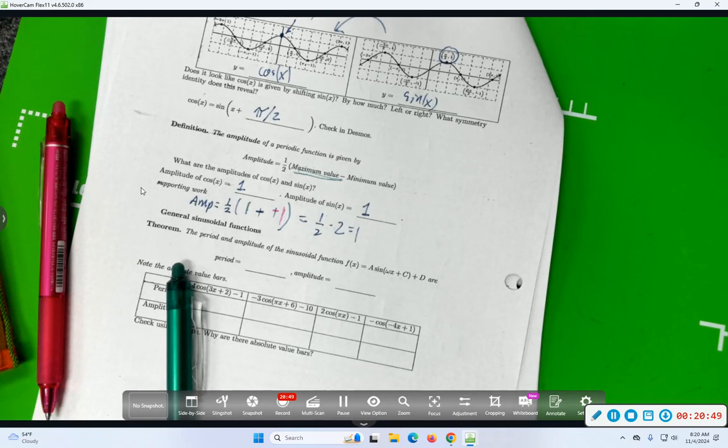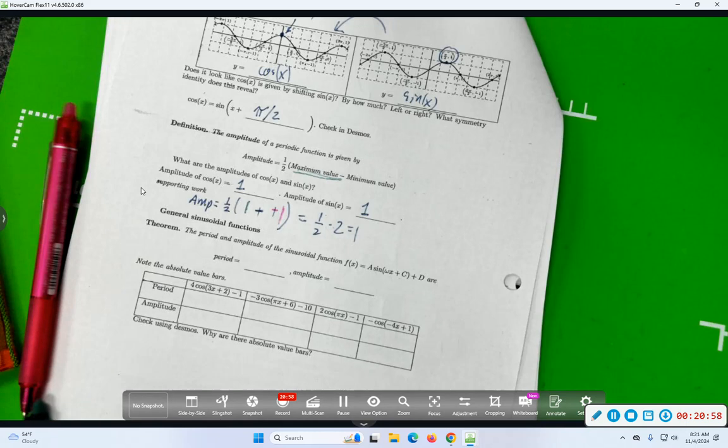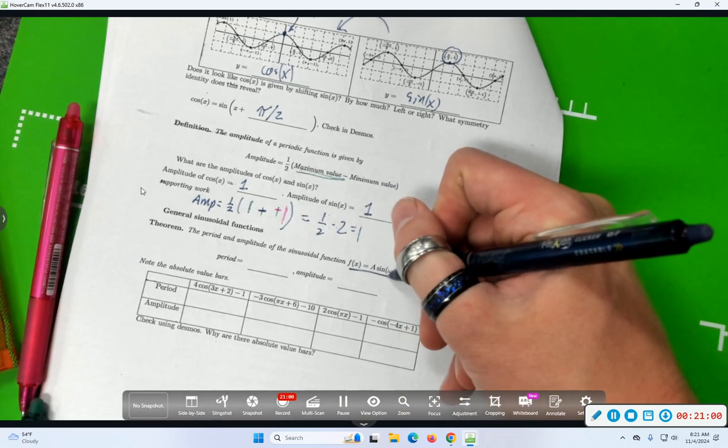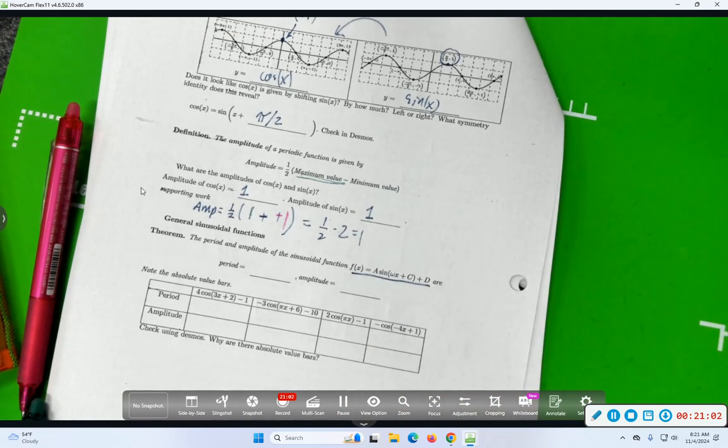So whenever you have a periodic function, you can compute this amplitude. And in fact, a general sinusoidal function is some function of this form: a times sine of omega times x plus a number, close parentheses, plus a number.